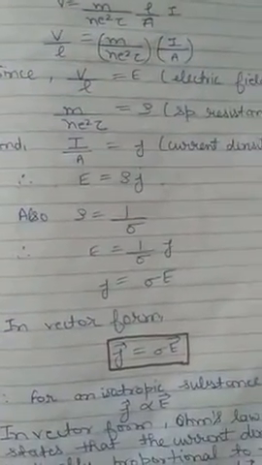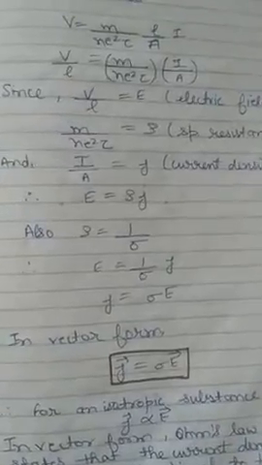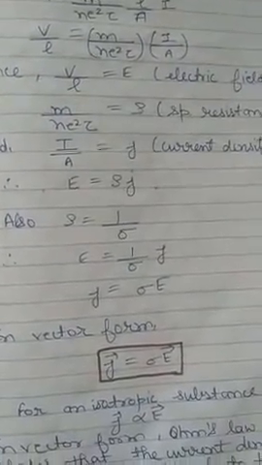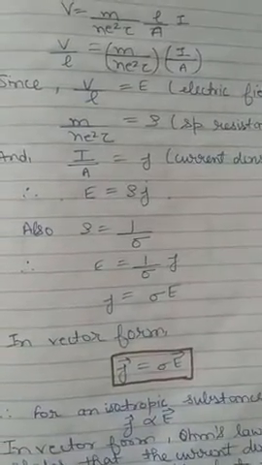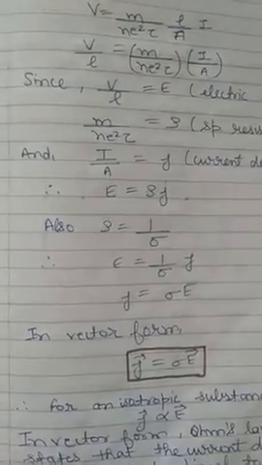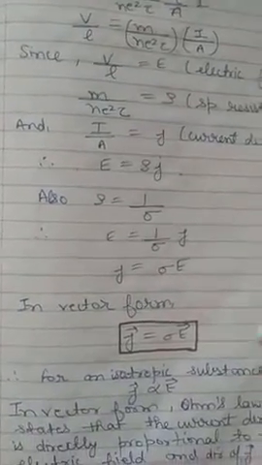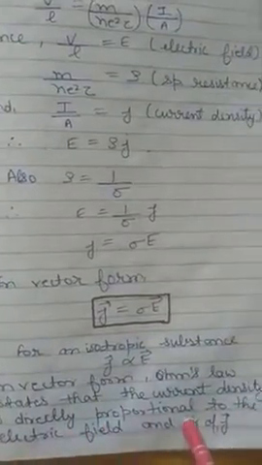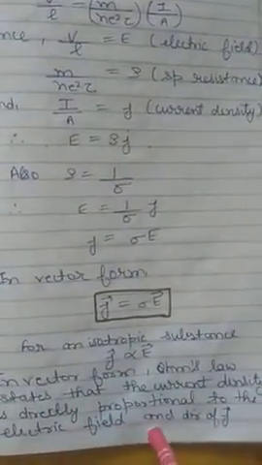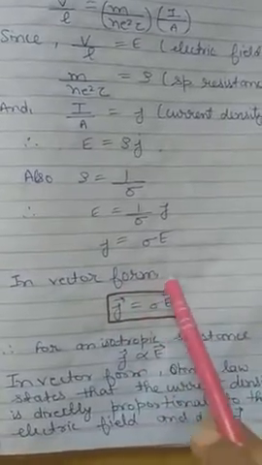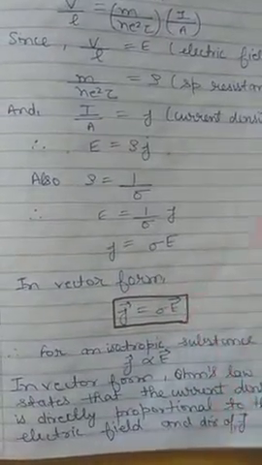Now for an isotropic substance, I hope all of you know about isotropic substances, J is directly proportional to the electric field. That means current density is directly proportional to electric field. So in vector form, Ohm's law states that the current density is directly proportional to the electric field, and the direction of the current density coincides with the direction of the electric field.